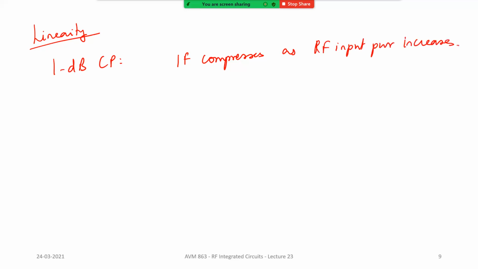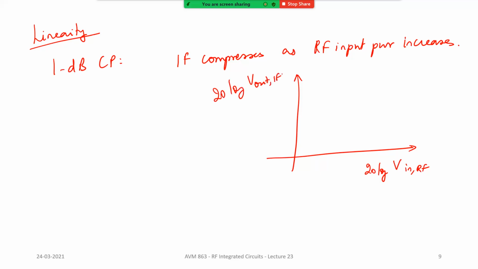So the axis now becomes P in RF, and if you look at 20 log of V in RF and 20 log of V out IF, you'll see that it is going to go straight and then start curving. This is basically your 1 dB compression point, and vice versa for transmitters, because there the input is baseband or IF and the output is RF.